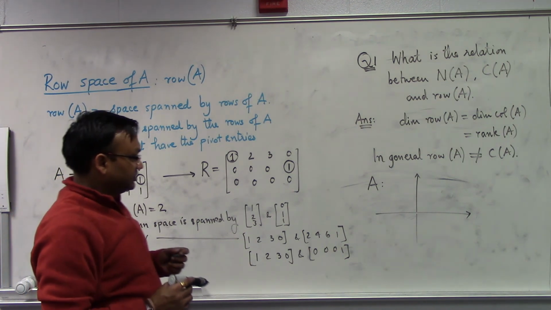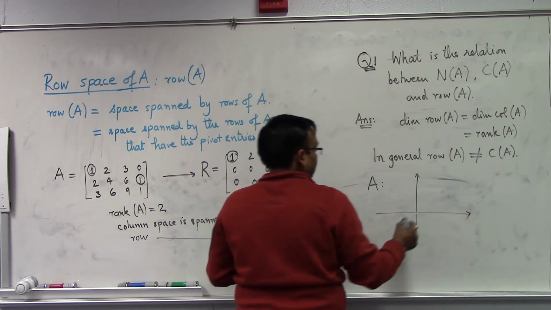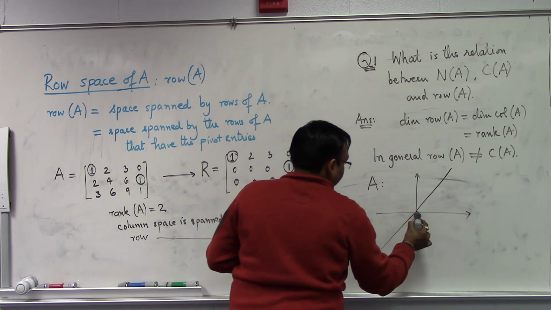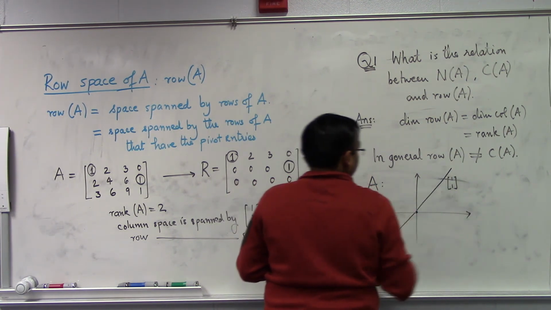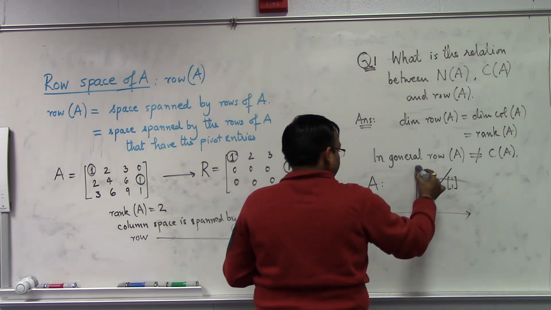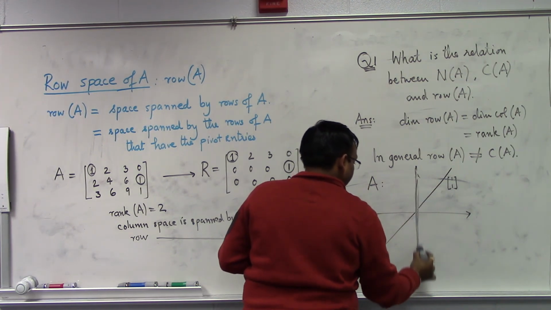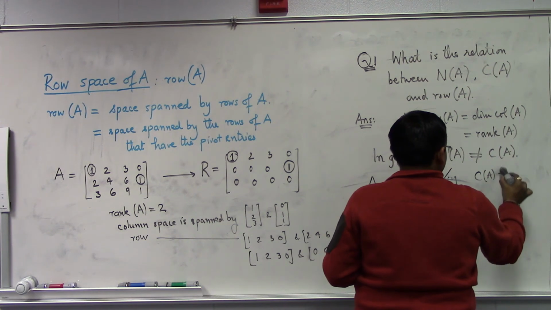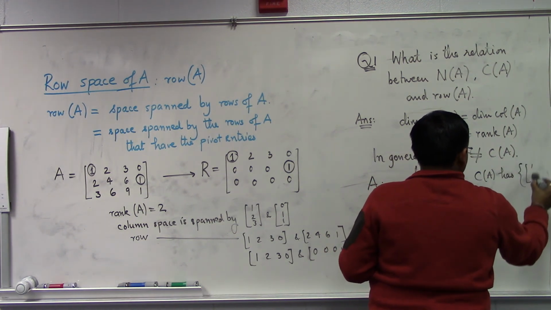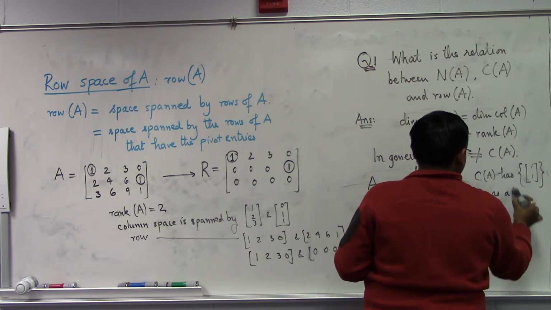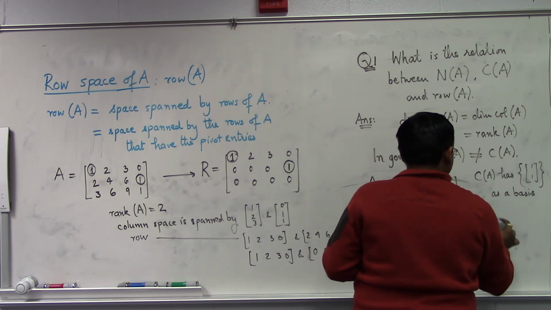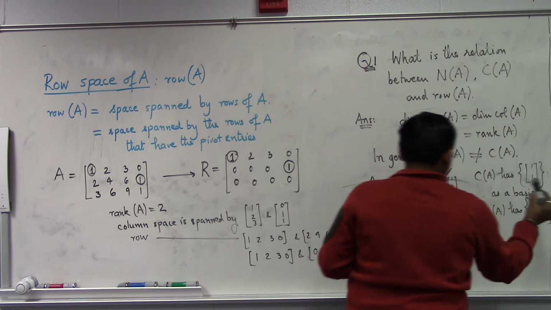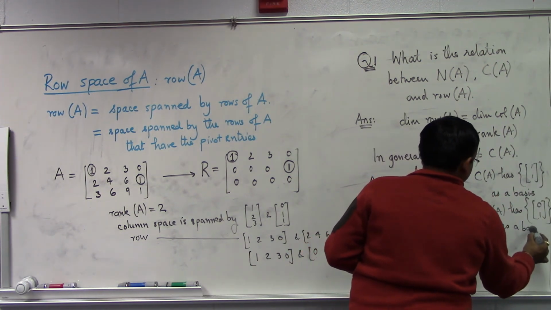Can you find me a linear transformation or a matrix A, 2 by 2 is fine, such that its row space is spanned by the vector (1, 1), its column space has (1, 1) as a basis, and its null space has (0, 1) as a basis? Can you find such a linear transformation?